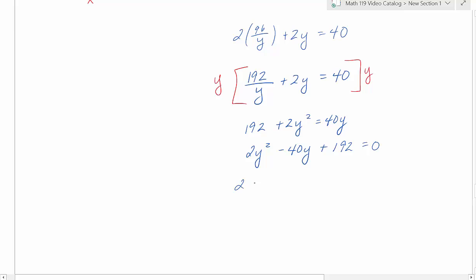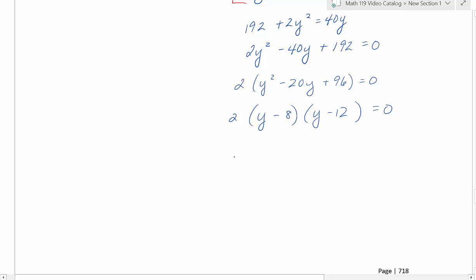I have a GCF of 2 that I can take out. And then this factors nicely: y minus 8 and y minus 12.